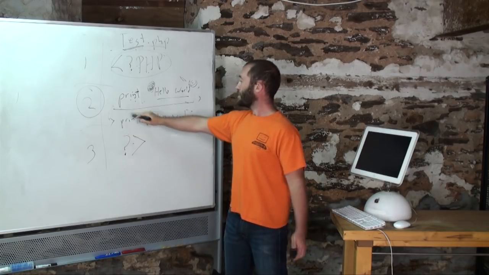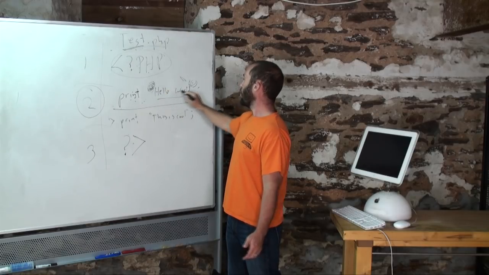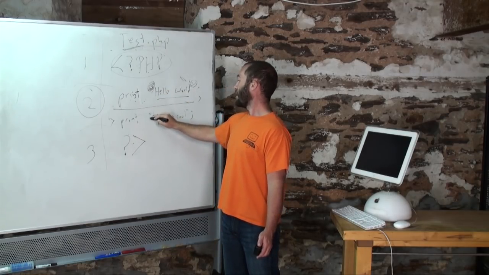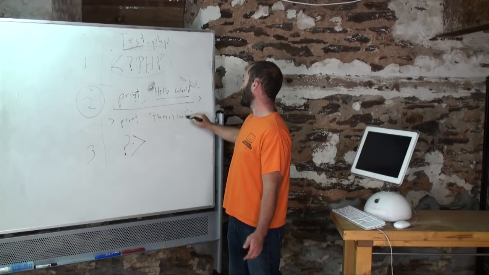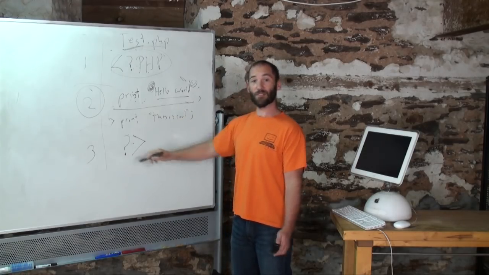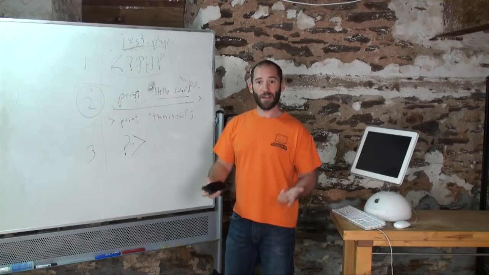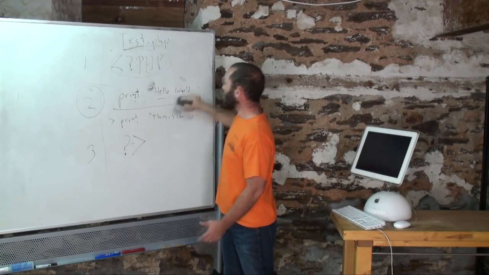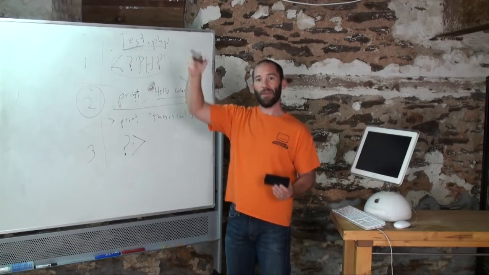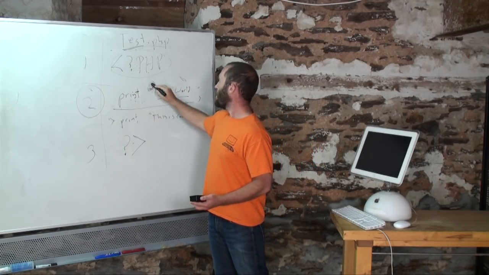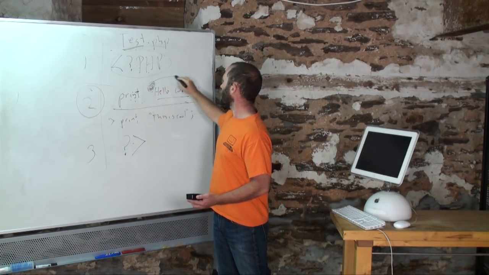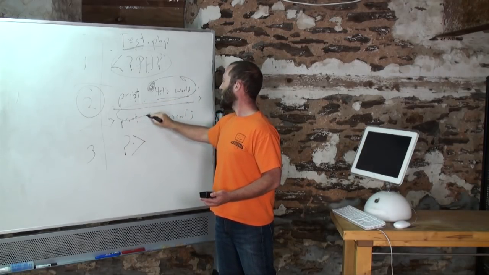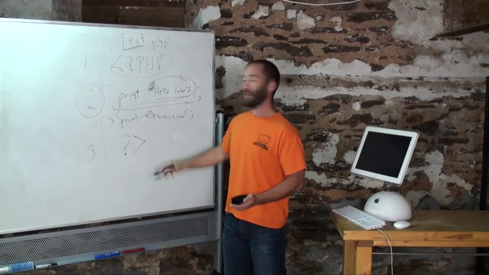How this is supposed to be is print space, quotation mark, hello world, quotation mark, semicolon, print space, quotation mark, this is cool, quotation mark, semicolon, end. That's how it's supposed to be written. Well, you may run into problems. If you forget to put the closing quotation mark here, when the PHP script runs, PHP is going to keep looking until it finds what it thinks is the closing quotation mark.